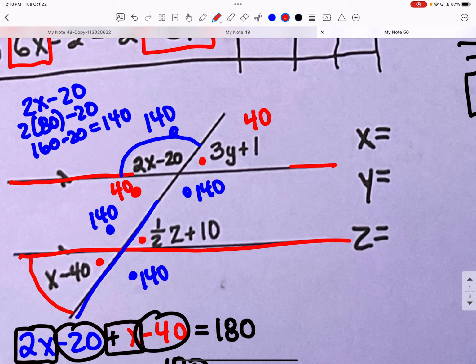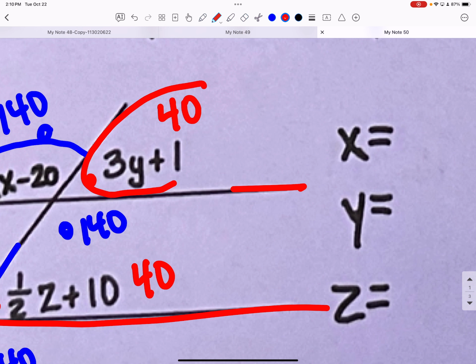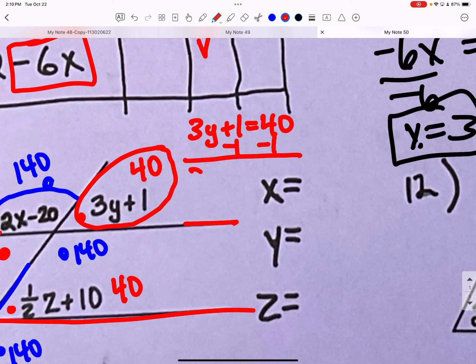And remember how x was 80? 80 minus 40 is 40. So every red angle is 40. So that means 3y plus 1 is actually 40. So we're going to minus 1, minus 1. 3y is 39. Divide by 3. y is 13.